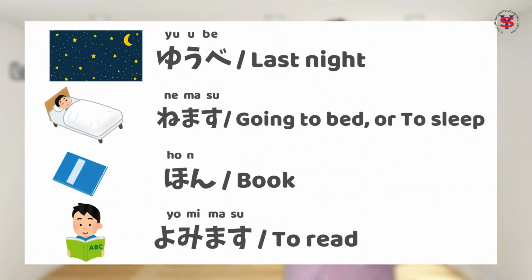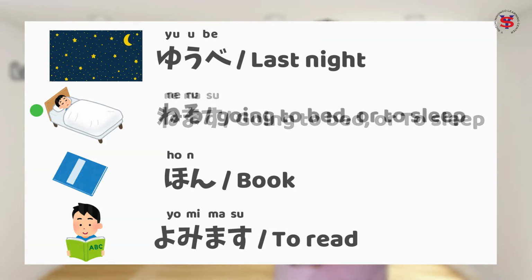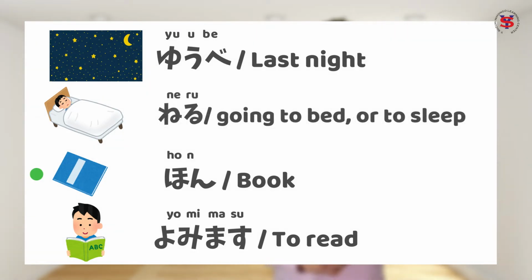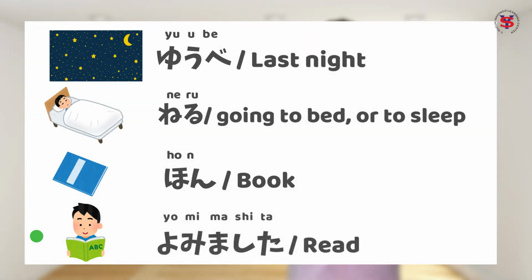Last night is yube. Going to bed, or to go to sleep, is nemasu, and the dictionary form for nemasu is neru. Book is hon, and to read is yomimasu. So, the past tense of yomimasu is yomimashita.